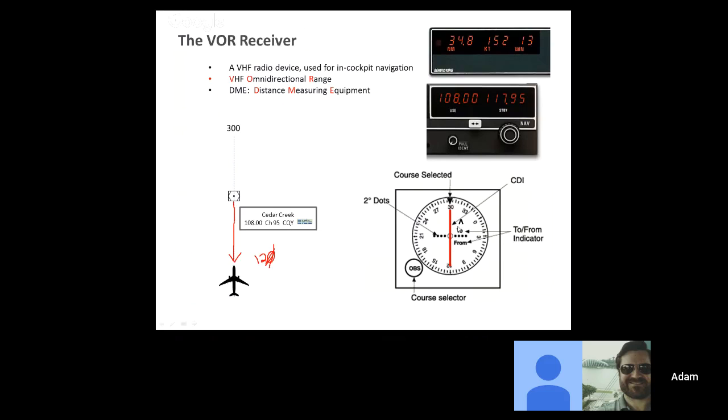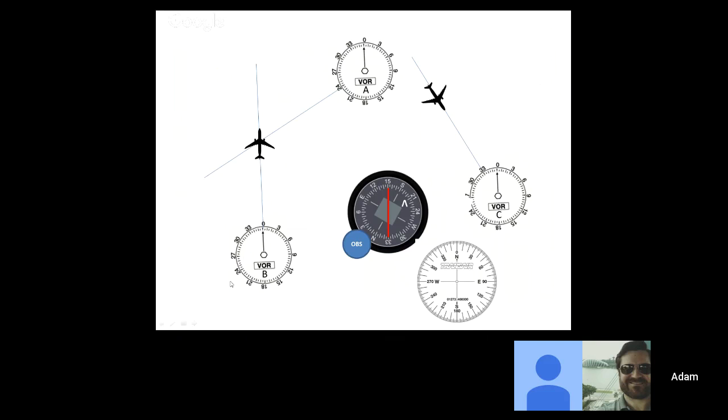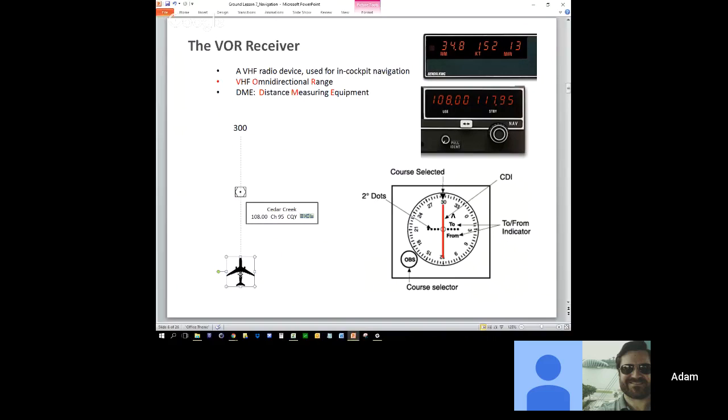I will have a to flag. See this little V? That's called the to flag. I'll have the to flag if I am flying towards that radial, meaning this airplane is not on the radial, it's flying towards the radial.